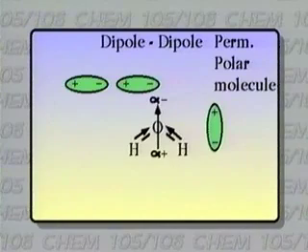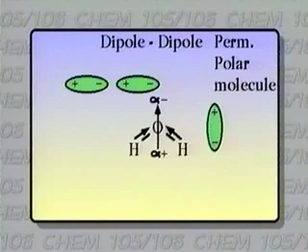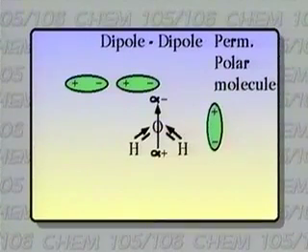We don't mean to imply that all of them are going to line up in exactly straight rows, because even in the liquid state, molecules are in constant motion. They're moving around continuously. They're not restricted. They're not moving as fast as in the gas, but they're moving in the liquid state. All right? So that's the dipole-dipole force.